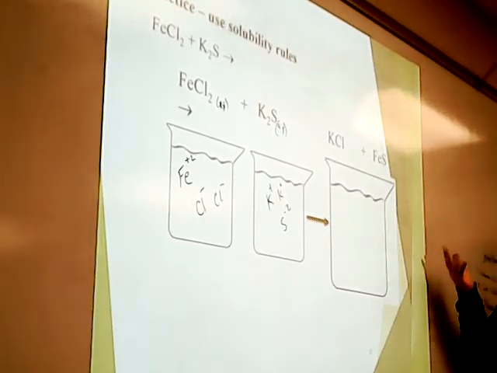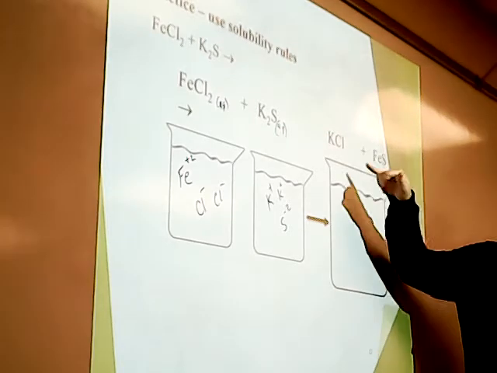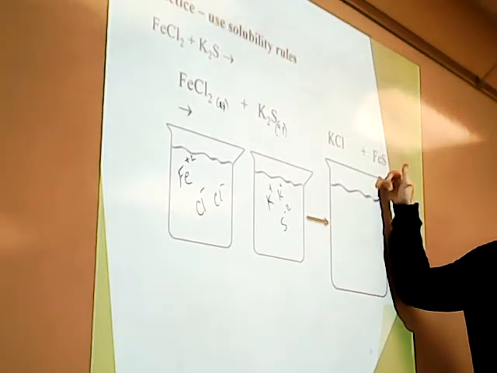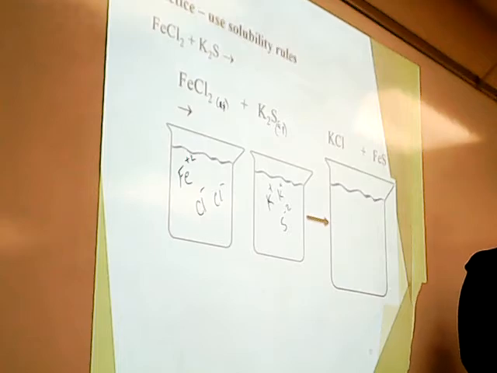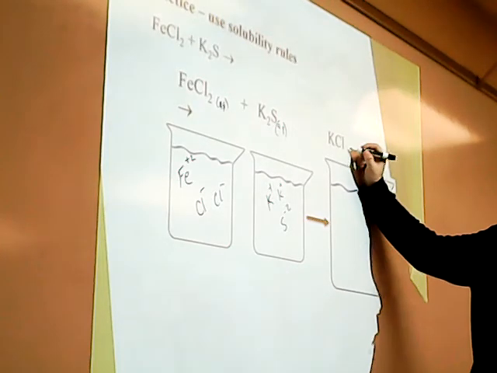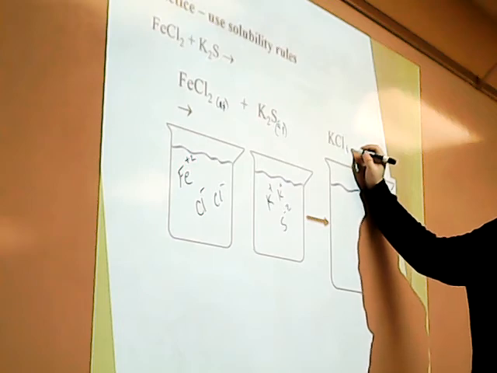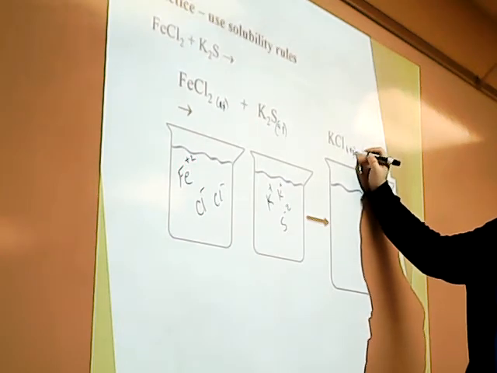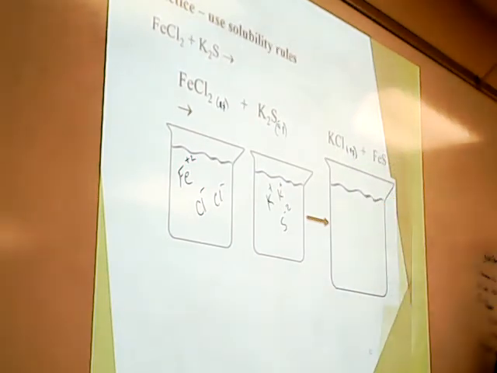And from here, you also should be able to tell me solubility. Isaac, KCl. Yes, what? Soluble, which makes it what? Aqueous. Jacqueline, FeS.